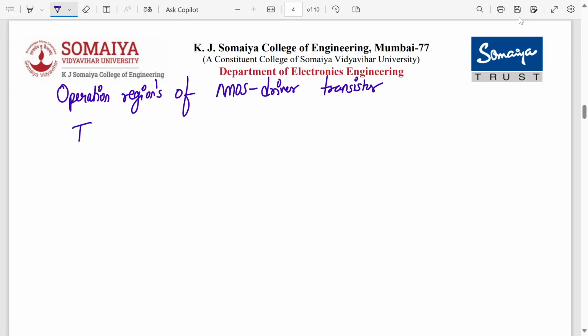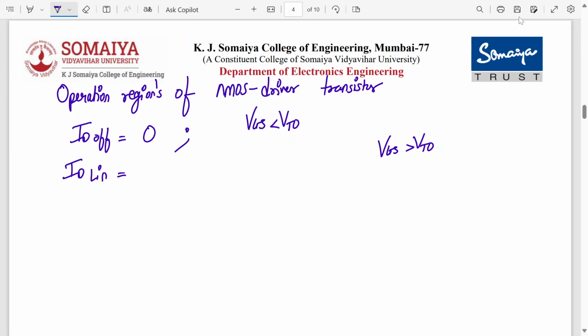Tell me when the driver is off. Current is 0. What is the condition of the voltage? VGS is less than VTO. Agree? When it is in the linear region, tell me the condition of voltage. And the current?